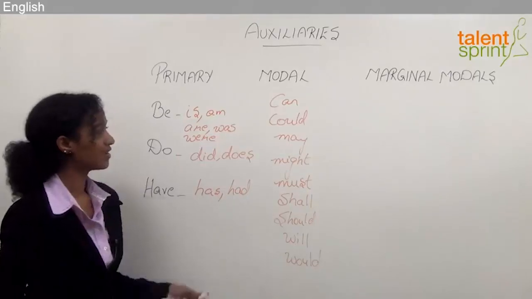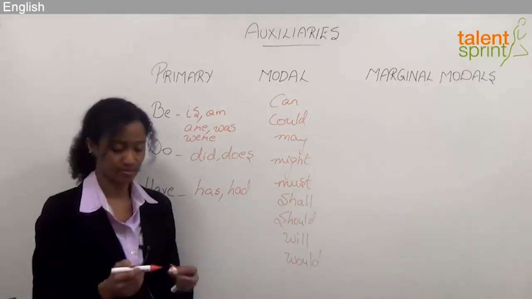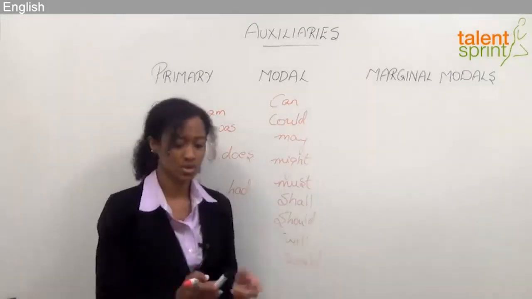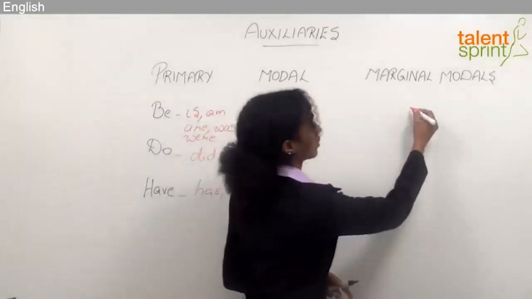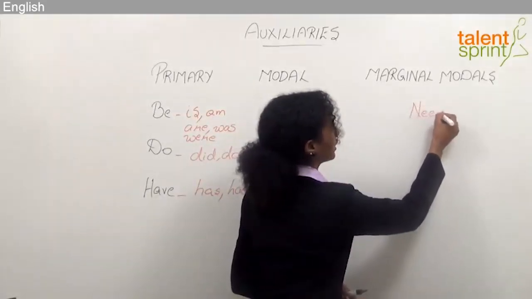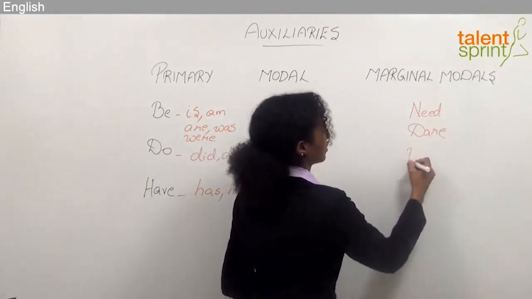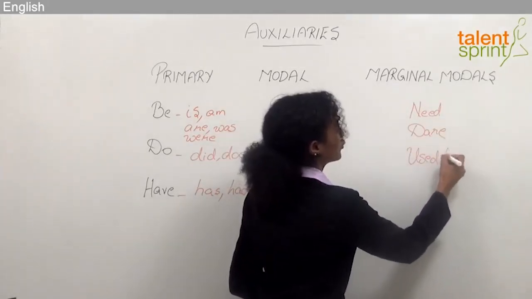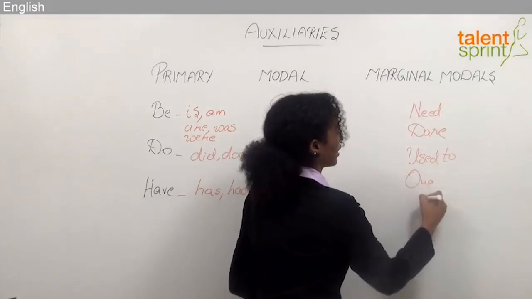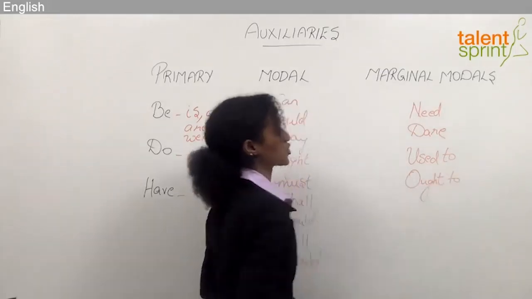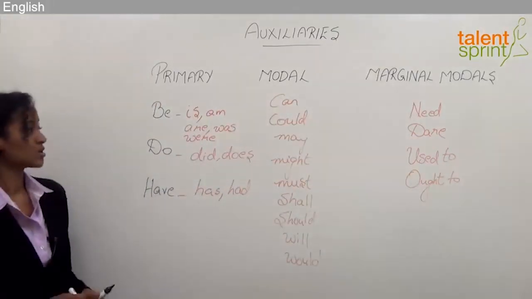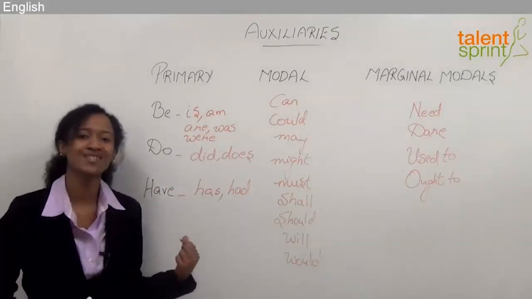So these are our 9 modal auxiliaries. Our marginal modals would be 4: need, dare, used to, and ought to. Okay, so we're going to look at each of these in detail.